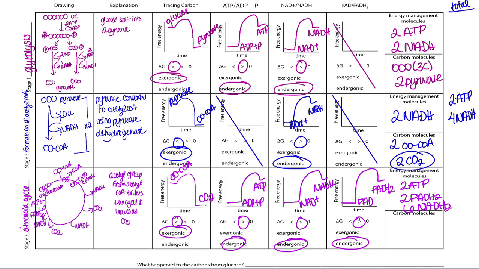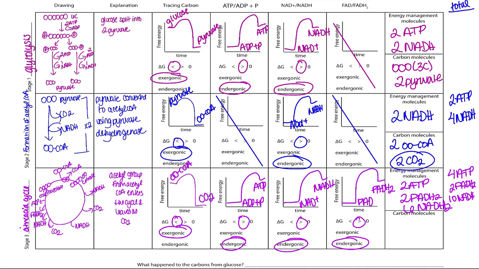And then if we wanted to continue our total column for stages 1 through 3, at the end of stage 3, we have made 4 ATP, 2 FADH2, and 10 NADH. So again, this is a total for stages 1 through 3.